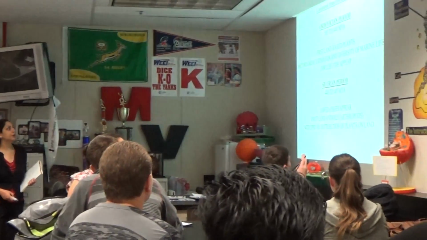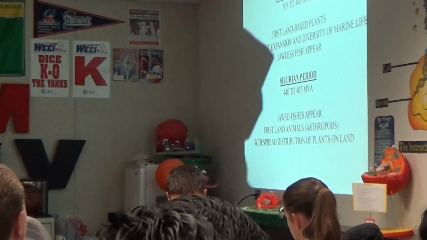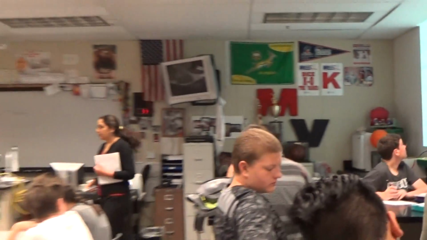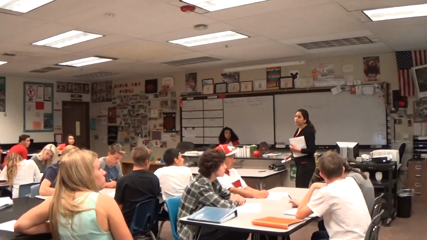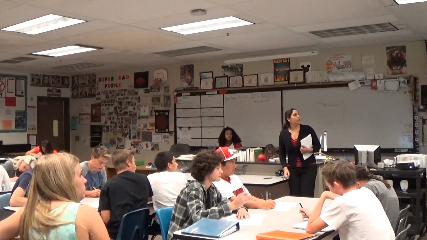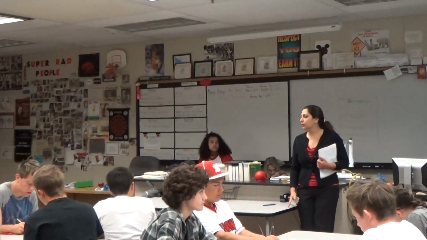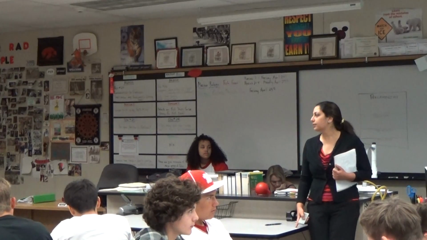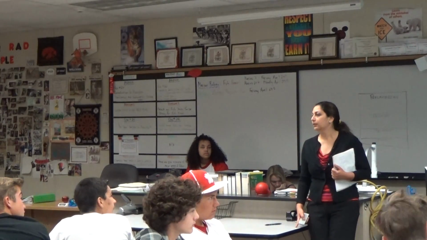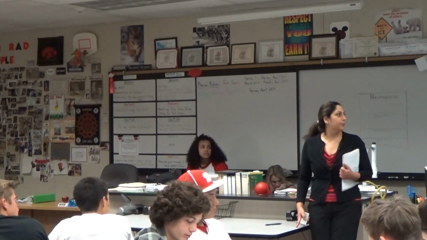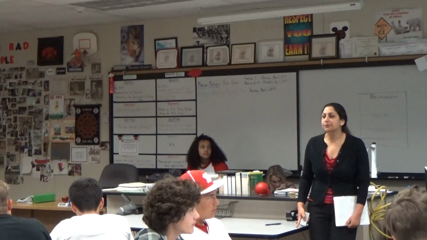All right, second period. Put the name of the period and the time range, from 505 to 440 million years ago. Is it getting shorter? Is it getting longer? Getting shorter as we go. The first land-based plants.